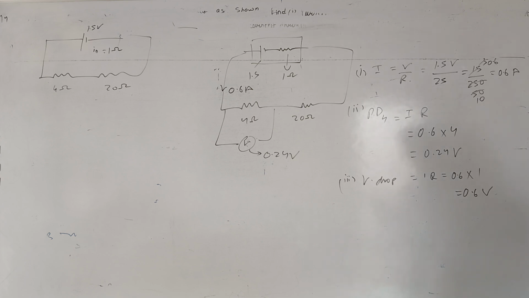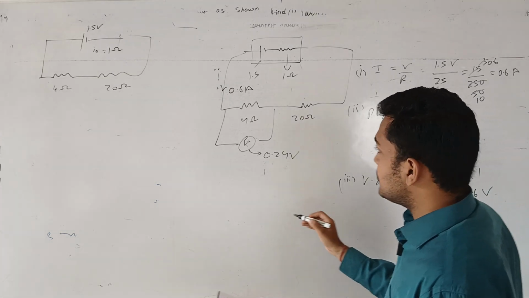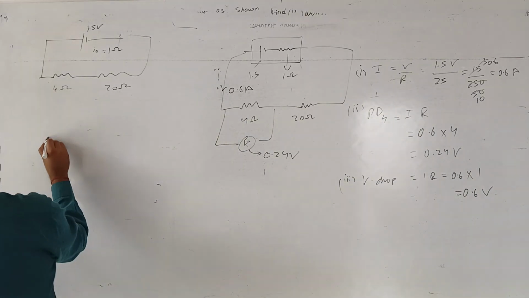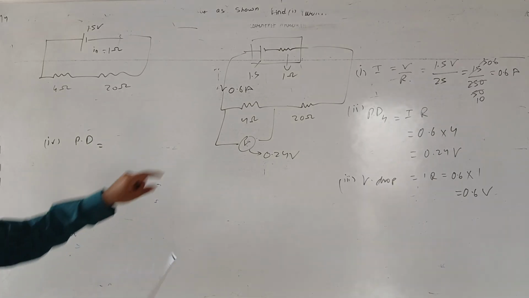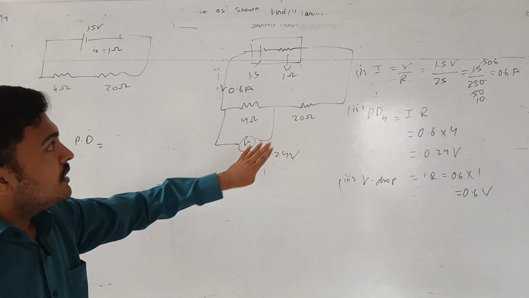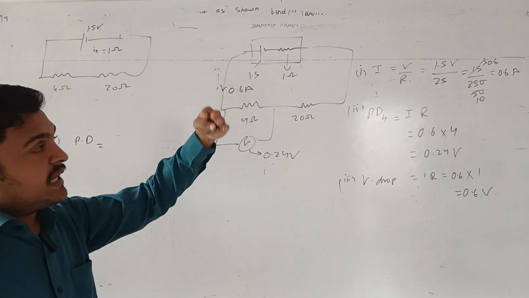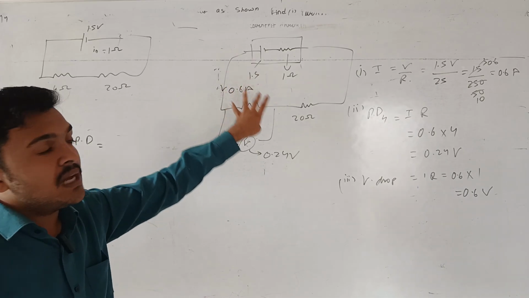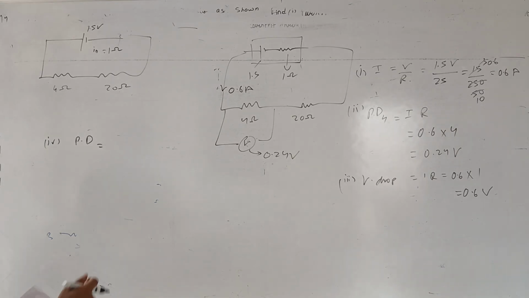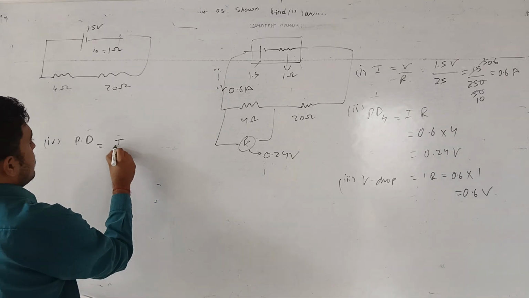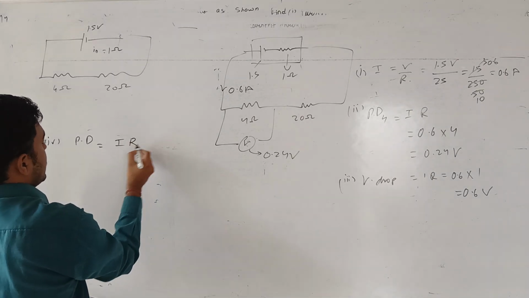Potential difference across the cell. Now we have to find the potential difference across the cell when it is working. So there is a potential drop across the cell, meaning in the outside circuit. The potential drop in the outside circuit is total current into resistance.